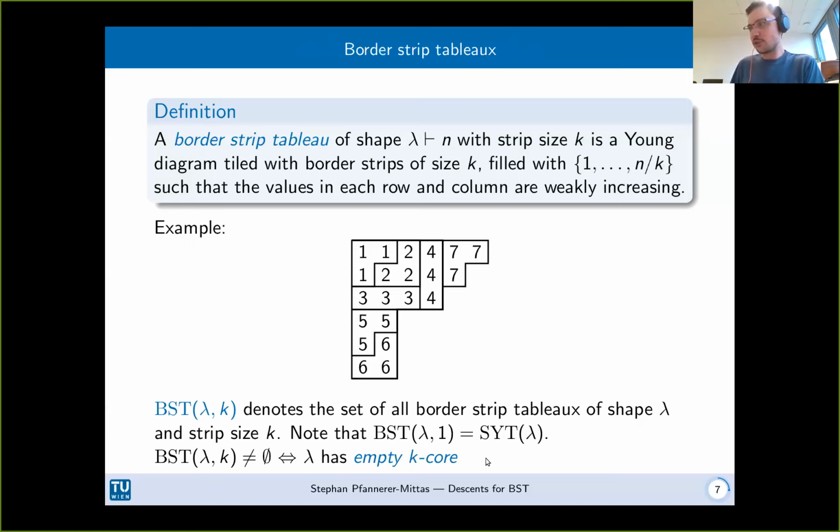For people that know what the core is, the following is equivalent: lambda has empty k-core if and only if there is at least one border strip tableau. For people that don't know about the core, simply see this as a definition for having empty k-core. So this partition has empty 3-core, and here's an example of a border strip tableau.